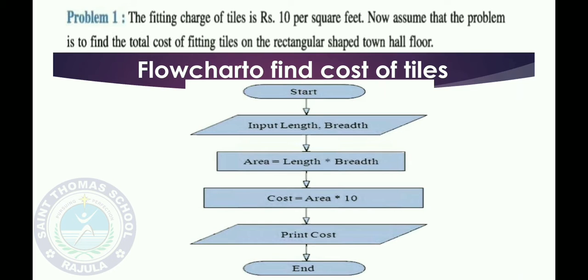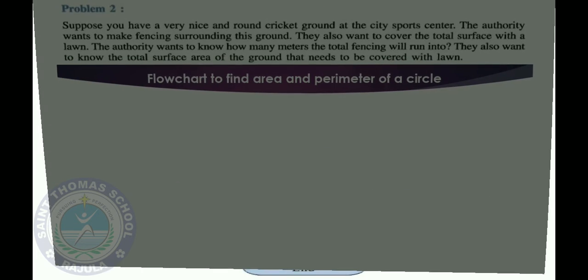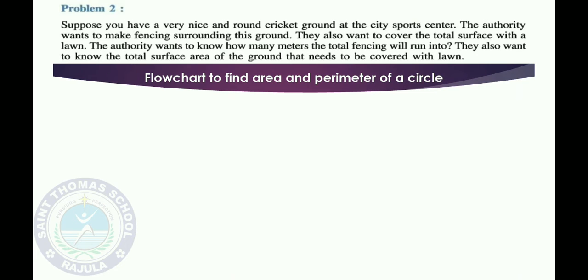Now we will discuss the next problem. Problem number 2. Suppose you have a very nice round cricket ground at the city sports center. Now the authority wants to make fencing surrounding this ground. They also want to cover the total surface with a lawn.